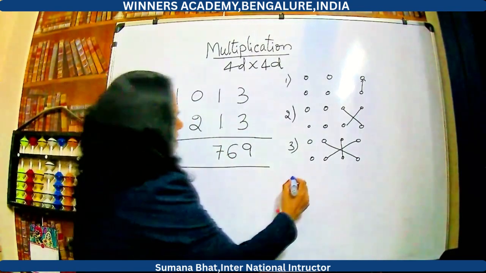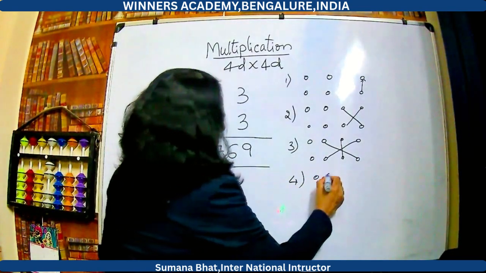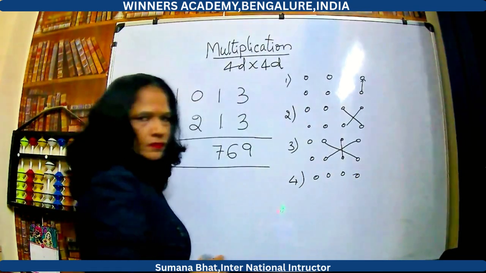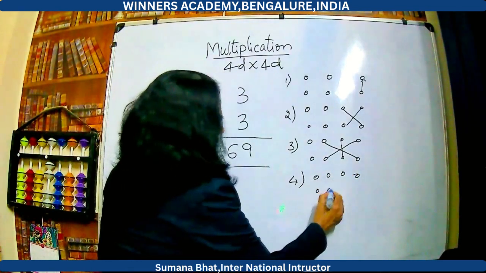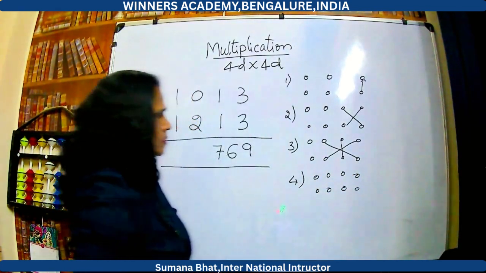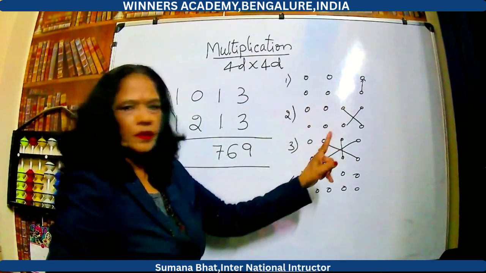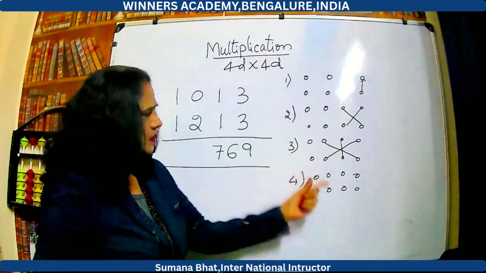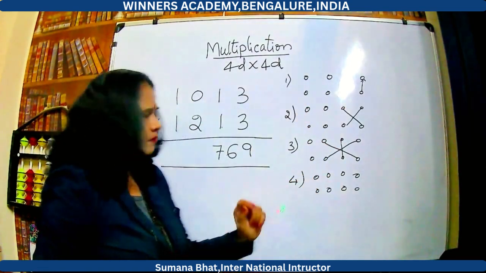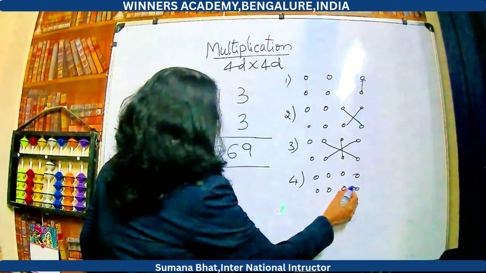Okay. Now see the fourth step. 4 digits like this and 4 digits in the question like this. Units are over, tens over, hundreds till hundreds we are done. Take now all the 4 numbers.